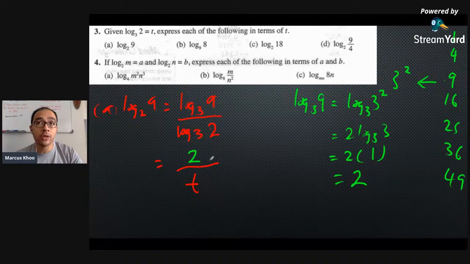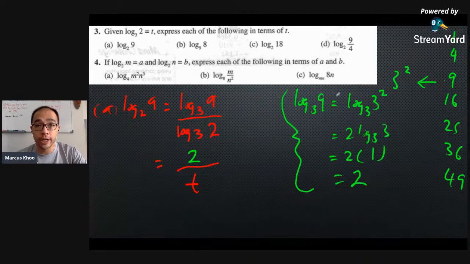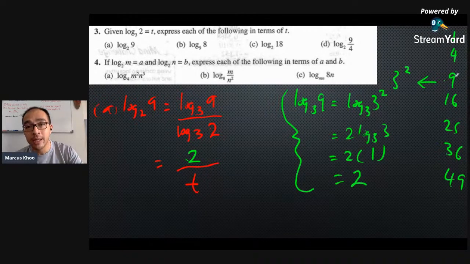Now in a normal situation, all these steps over here are not counted. You should already know this. If I see log_3 9, I immediately know it's 2. Just like if I see 9, I know that it's 3 squared. If I see 25, I know that it's 5 squared.